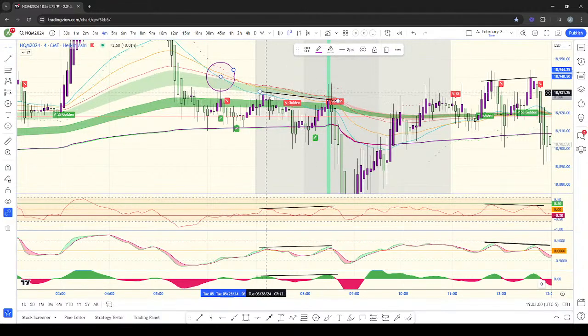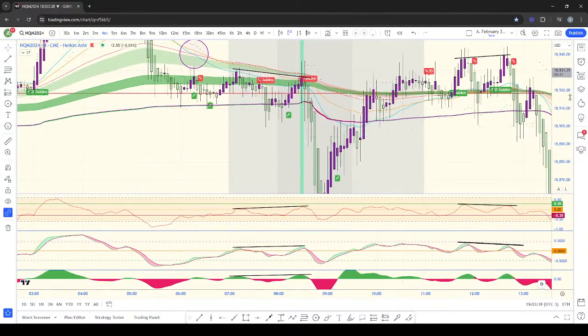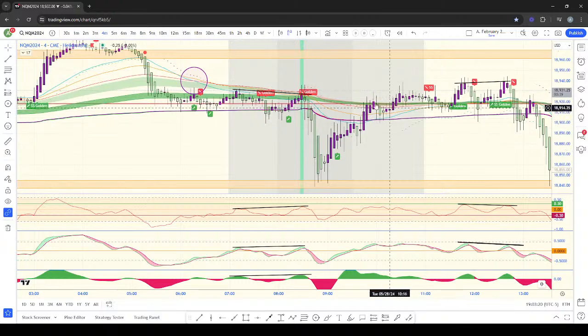Price here is making a higher low, and you can see the three oscillators that I have right here are making higher highs. So I have three confirmations right here. To me this is a no-brainer to enter the market. And the golden signal is already there.